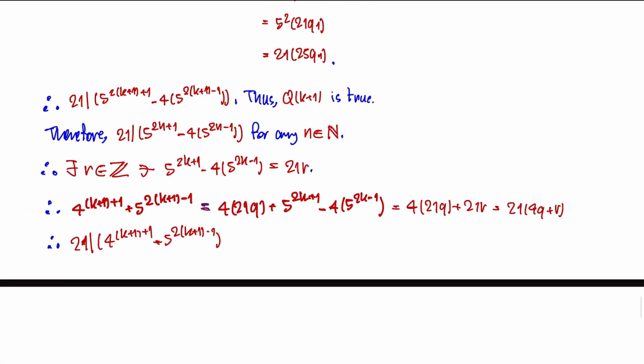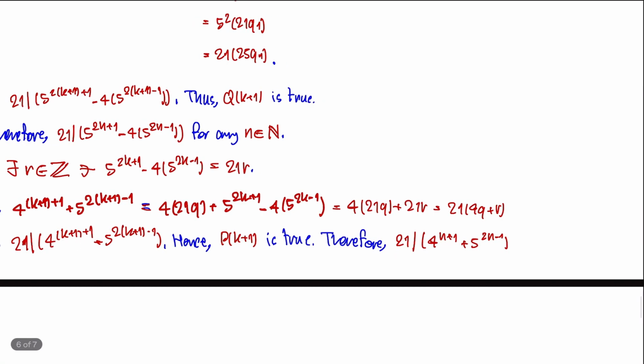So we have shown that P(k+1) is true, and therefore 21 divides 4 to the n plus 1 plus 5 to the 2n minus 1 for any positive integer n.